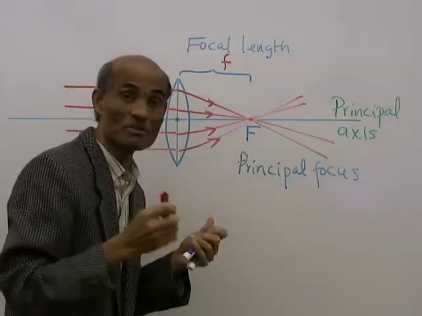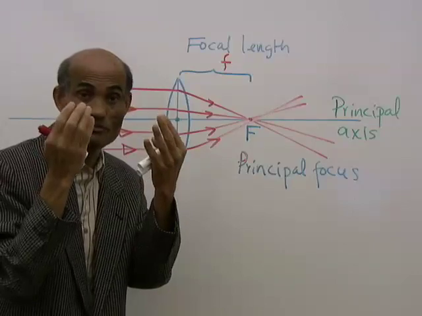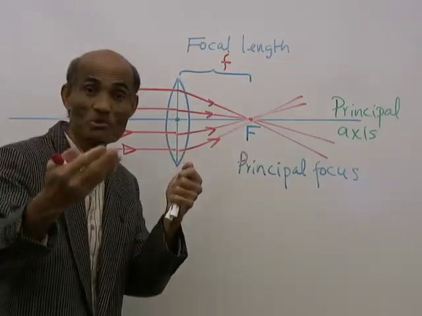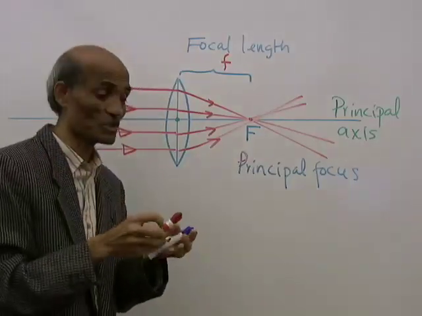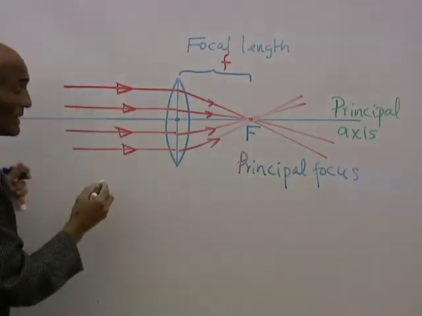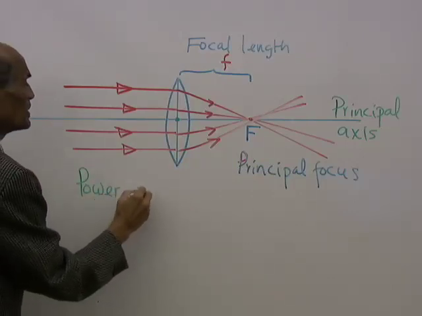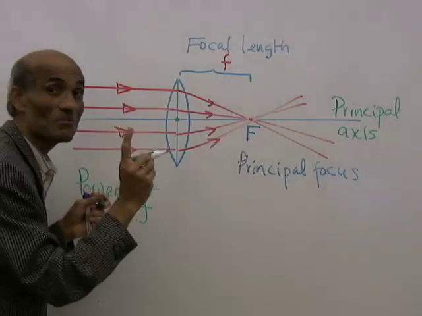And very often you know that you wear lenses for correcting your vision. And when you go to the optician, he will prescribe you a lens, and it is the power of the lens that is used there. What is the power of a lens? Power of a lens is the reciprocal of the focal length in meters.